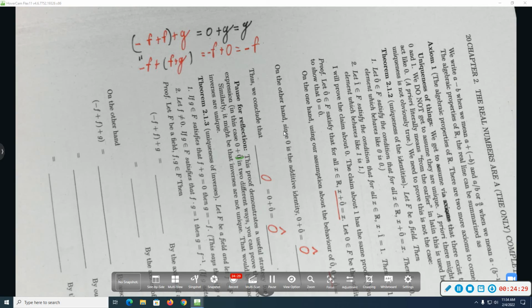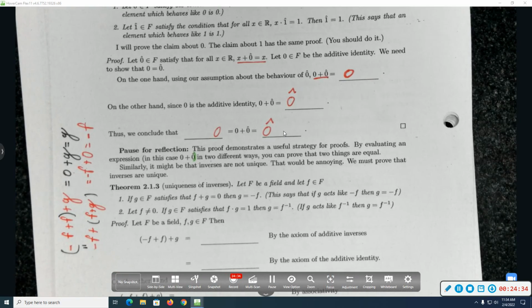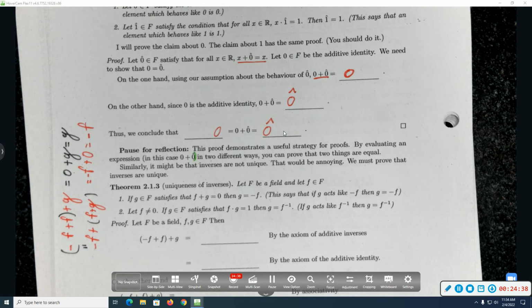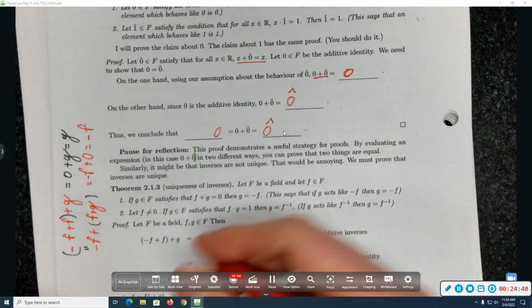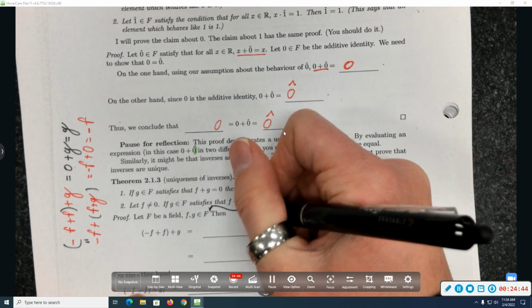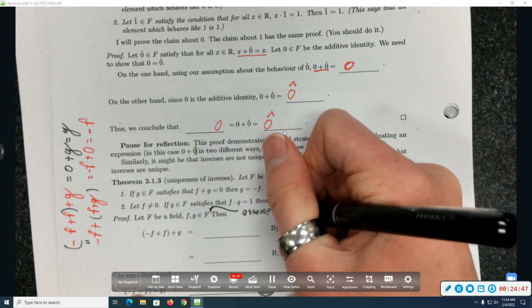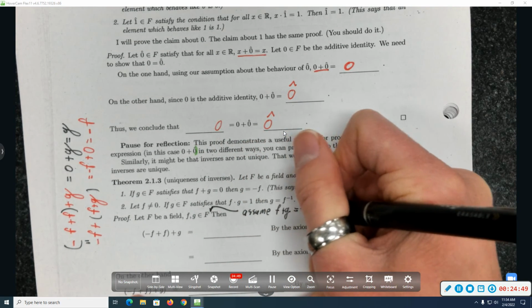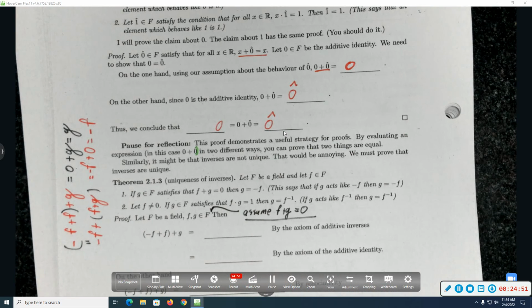So let's do the thing. Start with the assumptions. Let F be a field, let f and g be in F. And this is a mistake. Assume f plus g equals 0. You do need to give the assumptions.